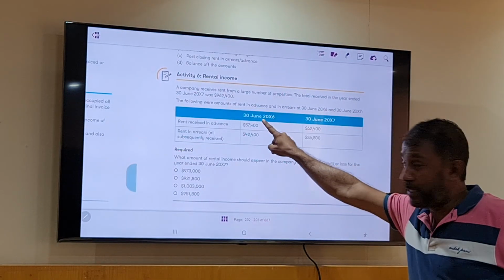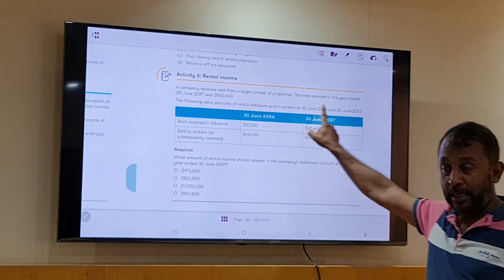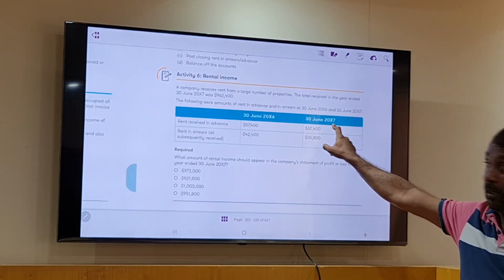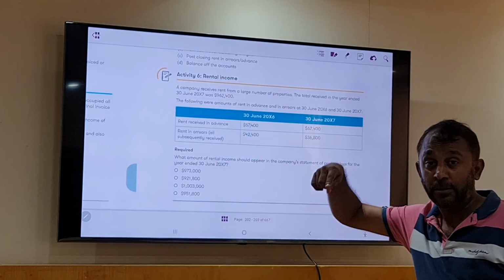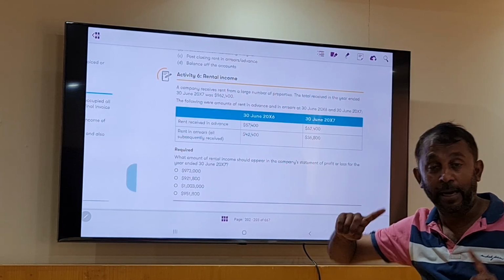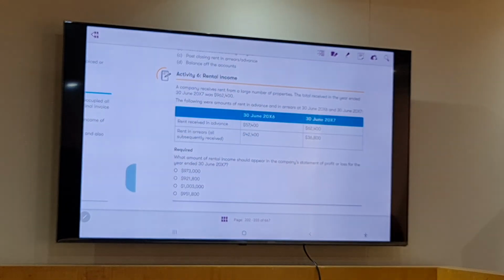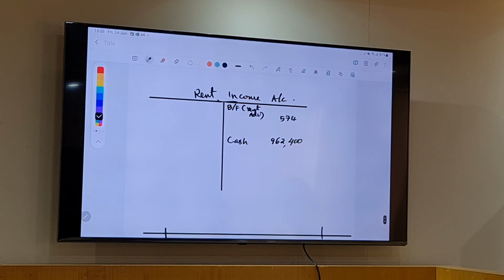So what is this date? 2016, the opening date. And this is the closing date. At the opening date, how much rent did I receive in advance? 57,400. Is it a liability or asset? Liability. Is a liability a debit balance or a credit balance? Credit balance. So here, balance brought forward, rent in advance, 57,400.